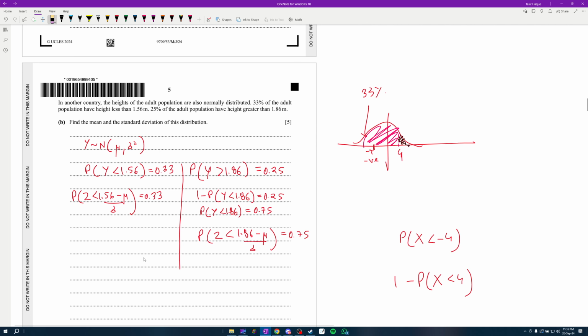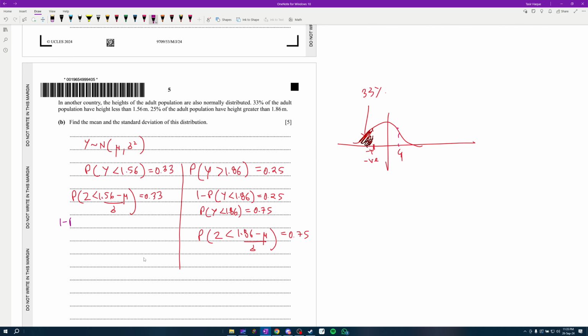And this small portion is in fact equal to this part over here. Okay. So that's the logic behind converting negative to 1 minus positive value. So I'm going to do that.